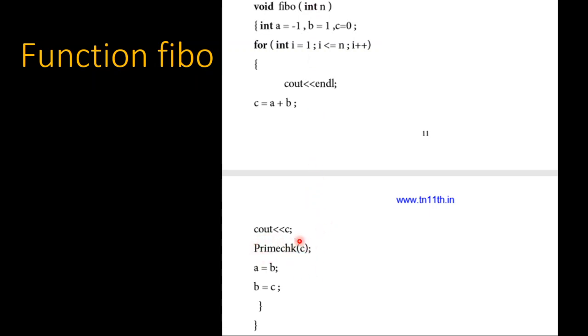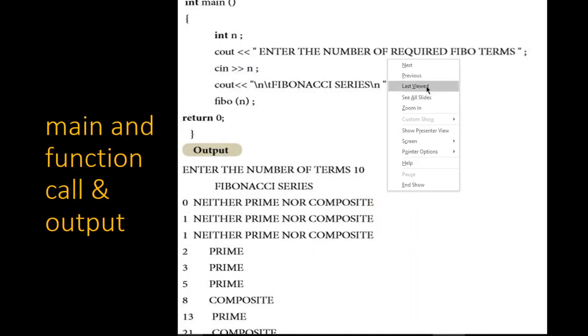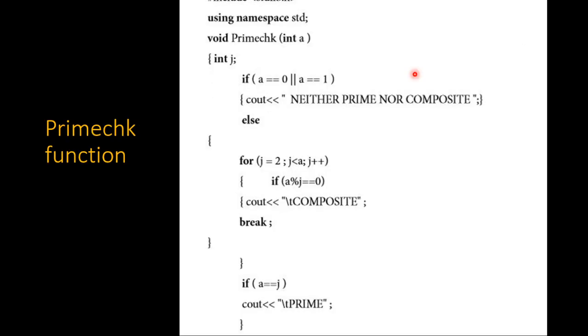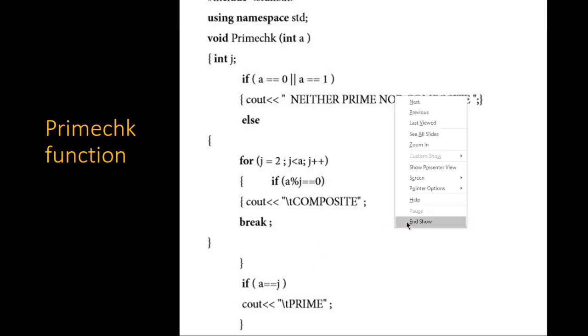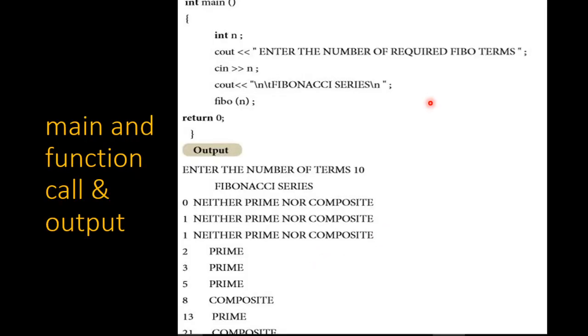So when this prime check function call has come, the system will go to the prime check function. Like this the flow goes here and there. Likewise it goes between Fibon and prime check to generate and check whether the number is prime or composite. Then after that it will return 0.